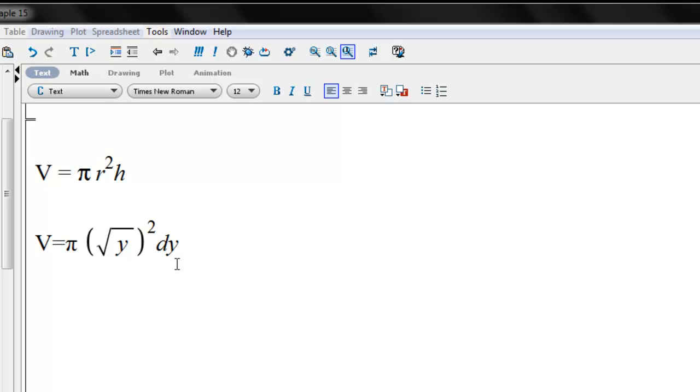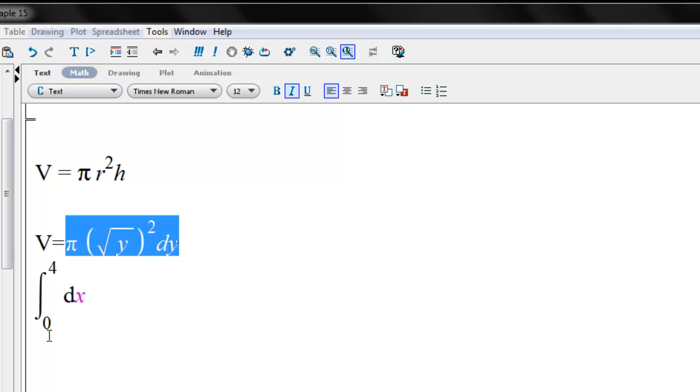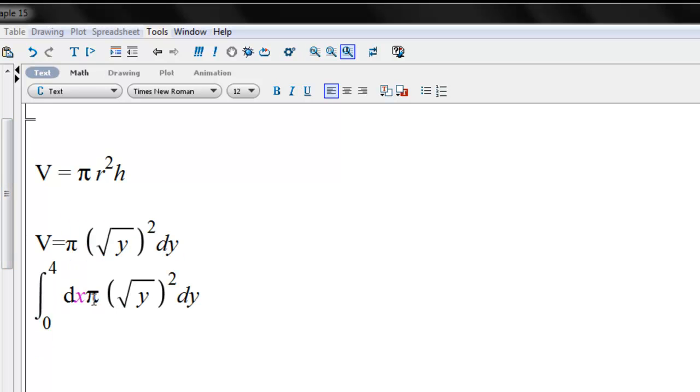Now we'll have to sum up the volume of all those little discs, so that means we need an integral. We're going from 0 to 4, and these are all going to be y variables. I'm just going to copy over what we have here. So this is y equals 0 to y equals 4, pi, the square root of y all squared, dy.